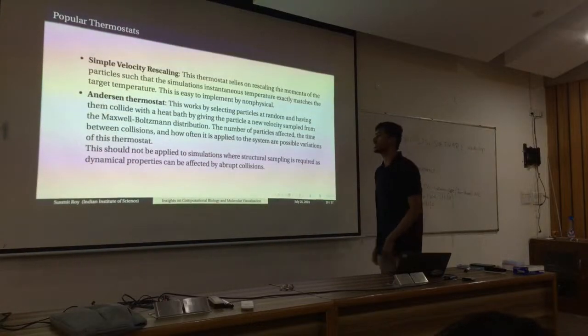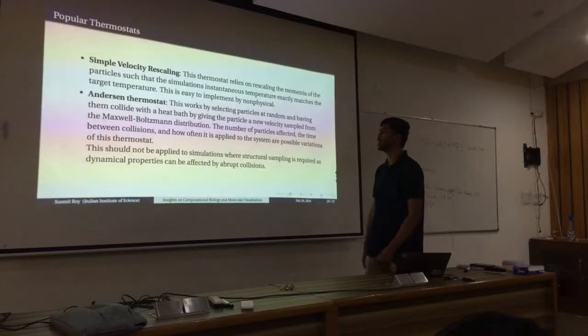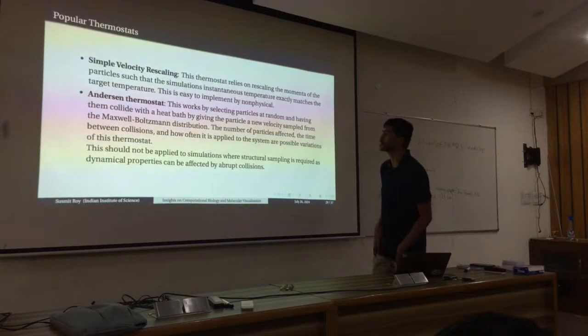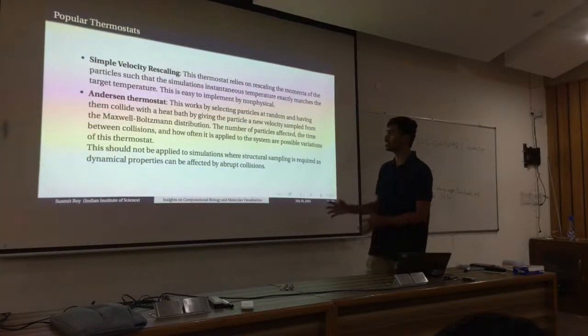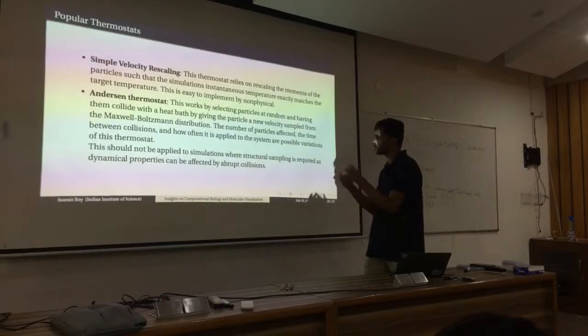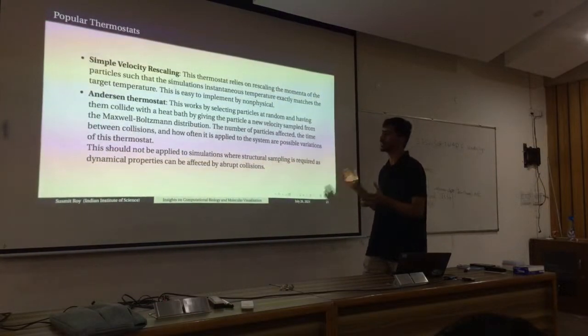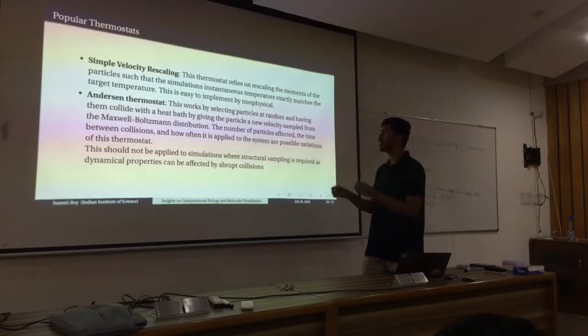But this is very unphysical because it doesn't happen anywhere. Another thing which is done is the Andersen thermostat, which works on a stochastic principle. So this chooses a number of particles in the ensemble and does random collisions with them.